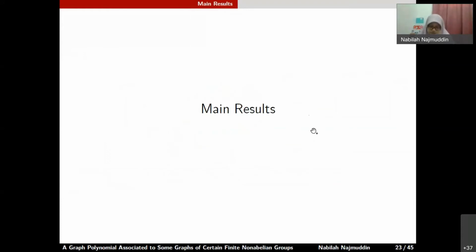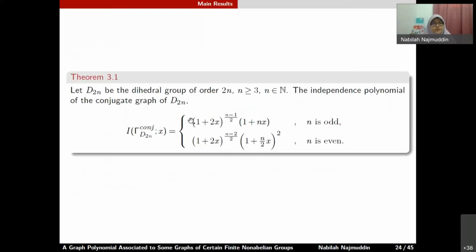Now is the main results. For the main results, I used all the preliminaries that I stated just now to obtain the independence polynomial for the conjugate graph of D2N. I denote it as I of Gamma conjugate D2N with the unknown x. Here are the polynomials, when n is odd, and the polynomial is this when n is even.